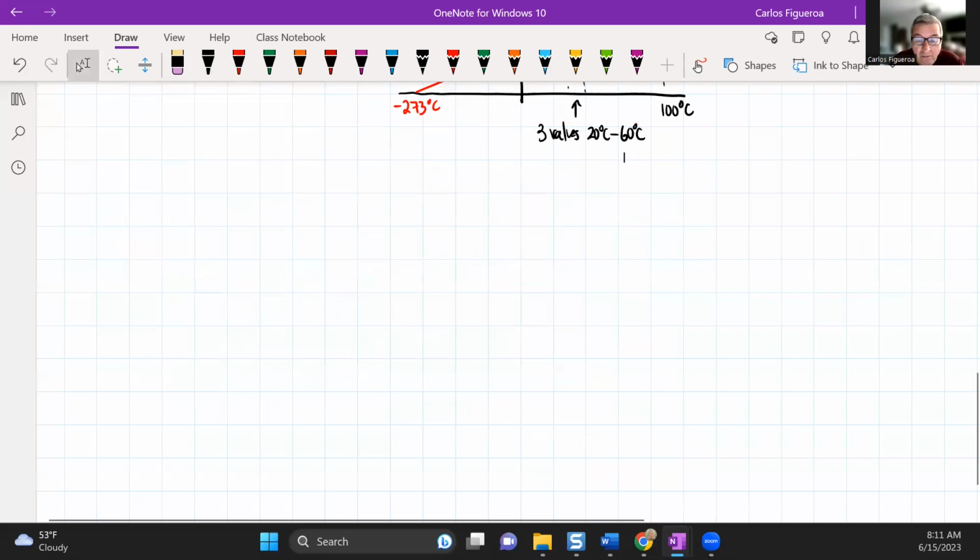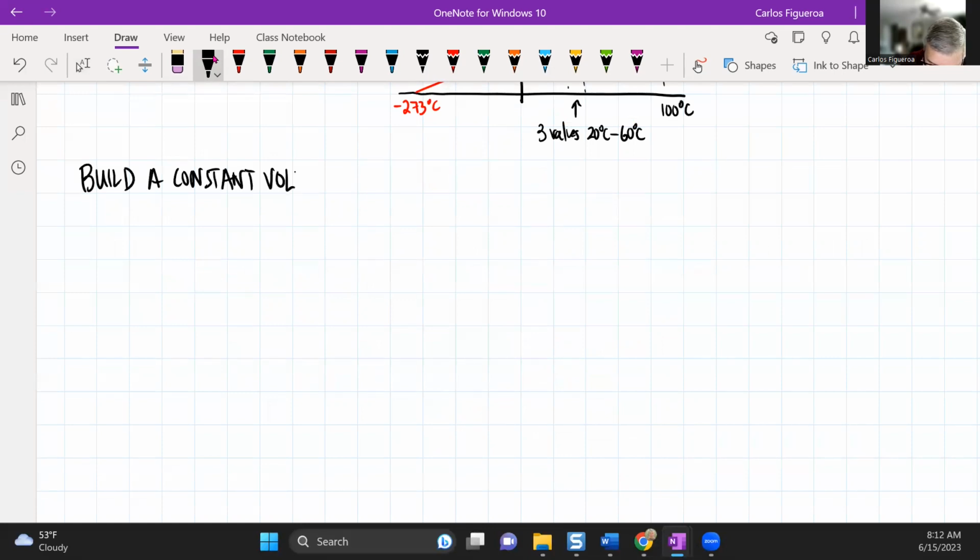So now what we want to do here is that we want to build a constant volume thermometer. So here we go.